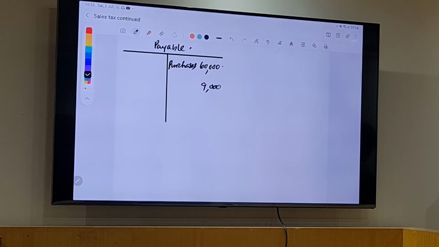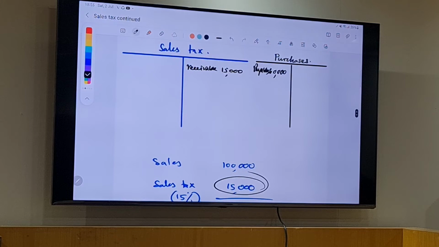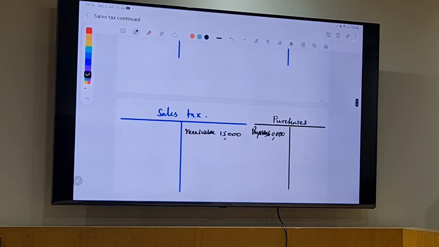But this 9,000, you are making a payable to the supplier on behalf of sales tax. So effectively, how much should you pay to the department? 6,000 you should pay to the department.